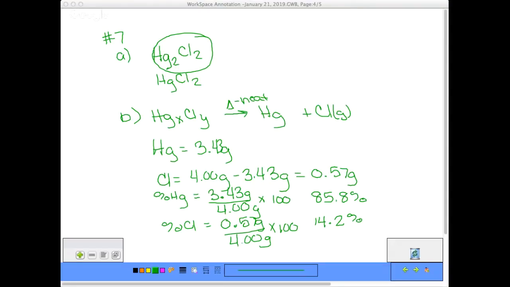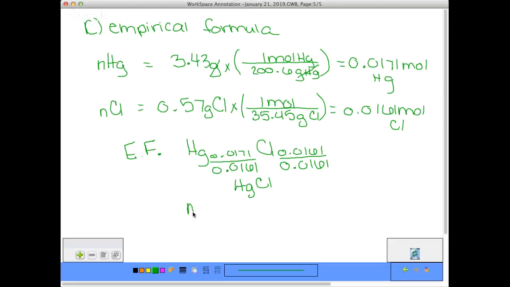So my molecular formula is Hg2Cl2, based off the fact that it is a 1-to-1 ratio.